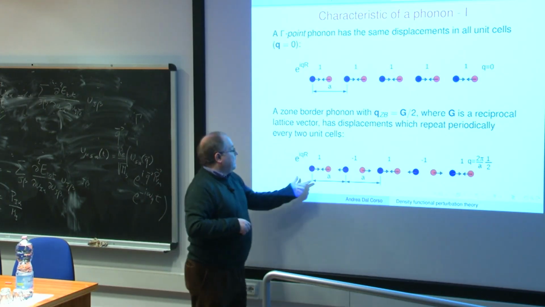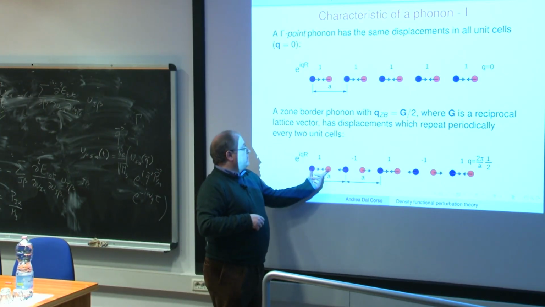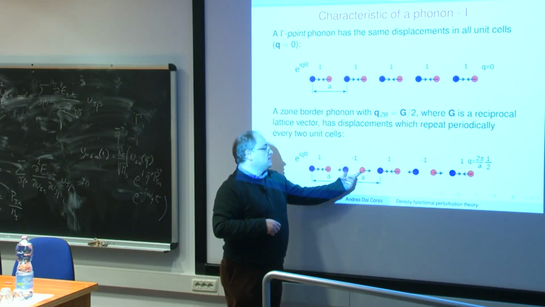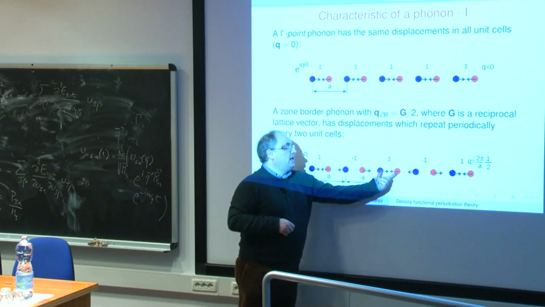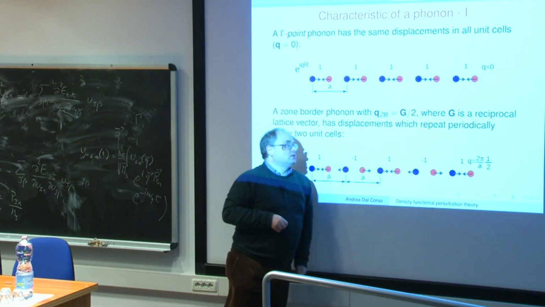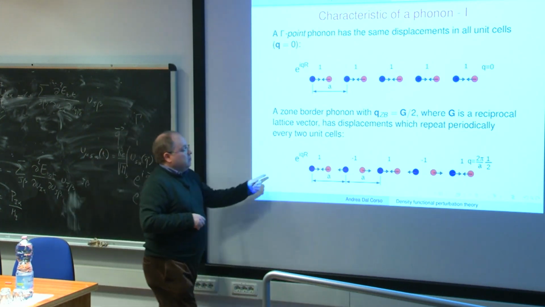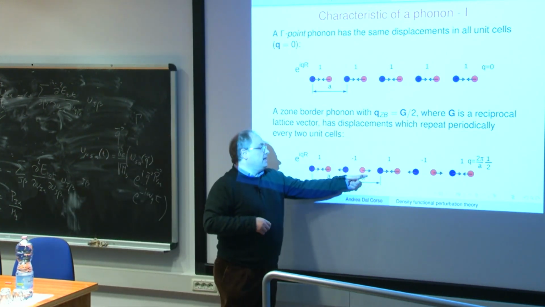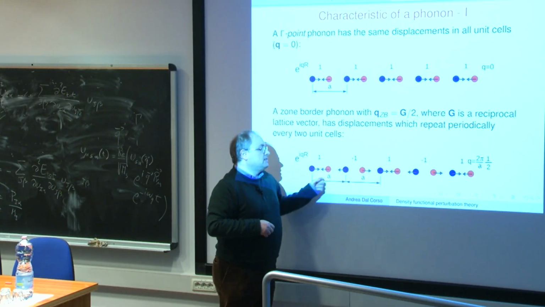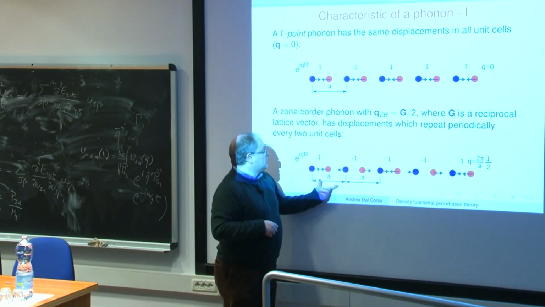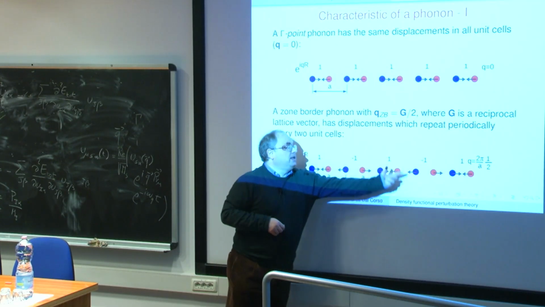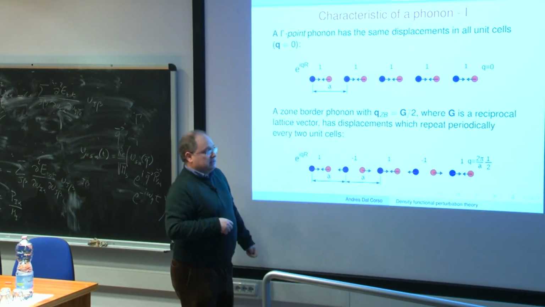So it means that if I have this displacement in the first unit cell, I will have the opposite displacement in the second unit cell, the same displacement in the third, the opposite in the fourth, and so forth. This means that to describe this kind of displacement, I would need 2 unit cells of my solid, because the new solid repeats periodically after 2 unit cells.